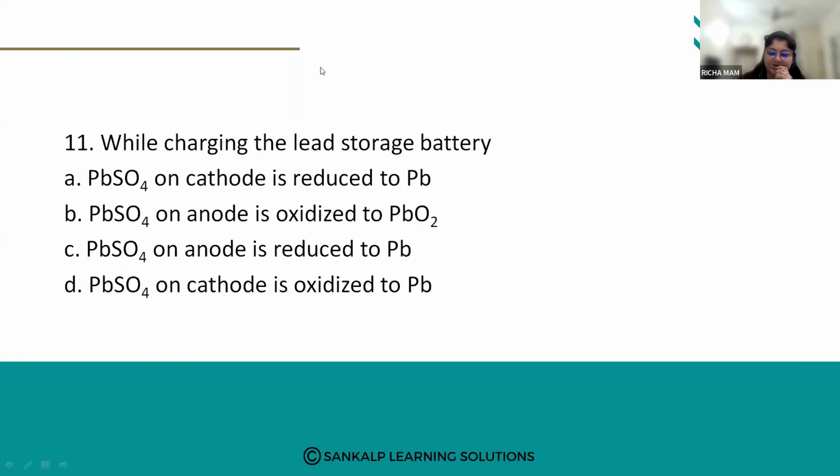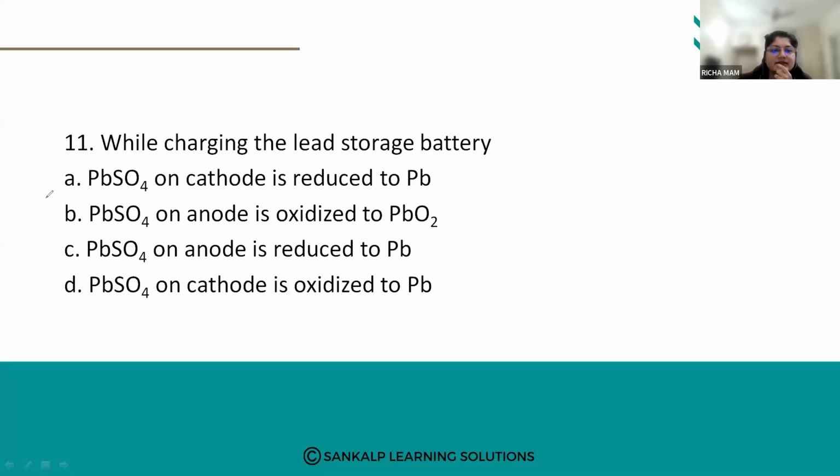When we are discussing the lead storage battery, you need to know the reactions occurring when the battery is charging, the charging and discharging reaction, so what is happening at anode and what is happening at cathode. Let us see the reactions.